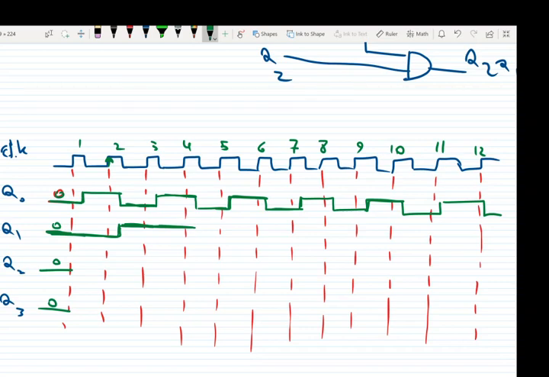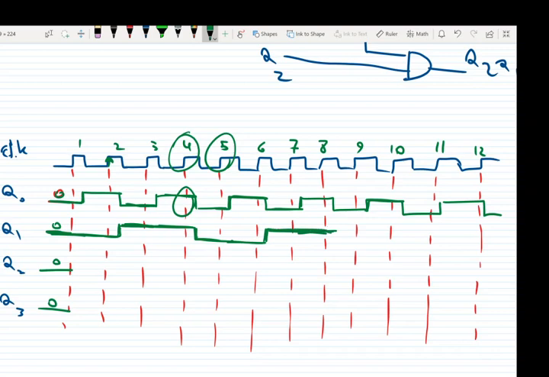Clock cycle 4, at this moment Q0 is 1, so Q1 changes. Clock cycle 5, Q0 is 0, no change. Clock cycle 6, Q0 is 1, change. Clock cycle 7, Q0 is 0, no change.